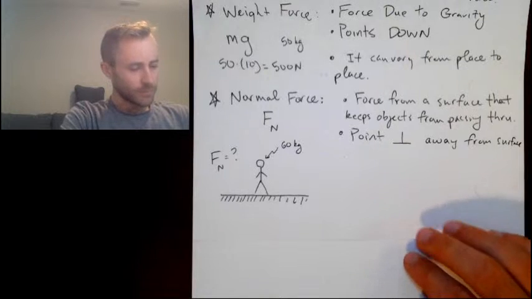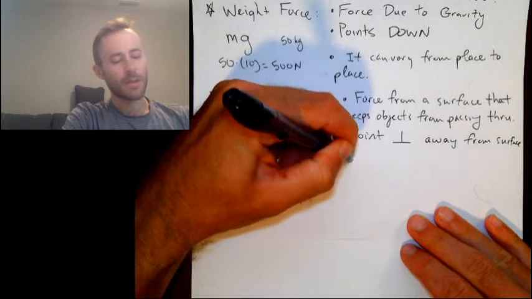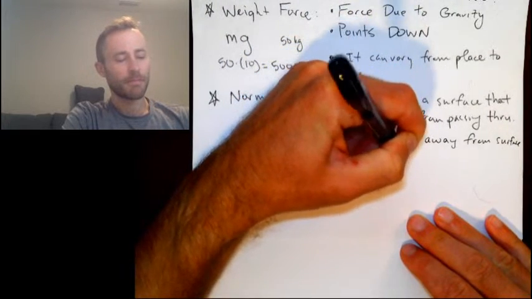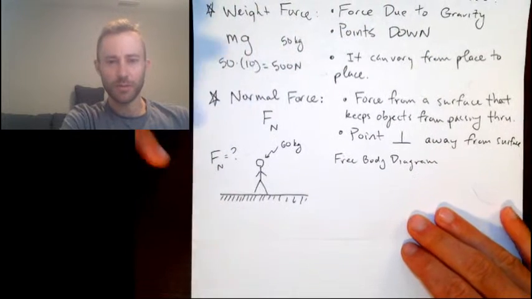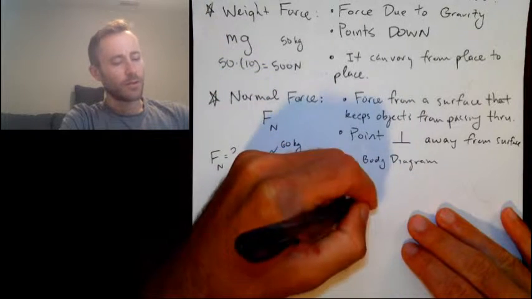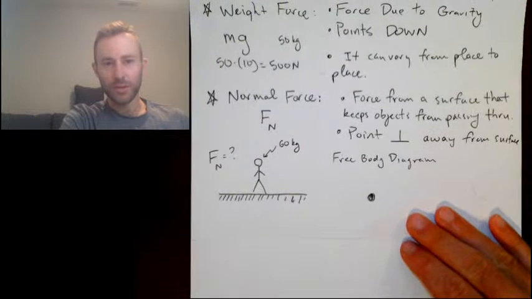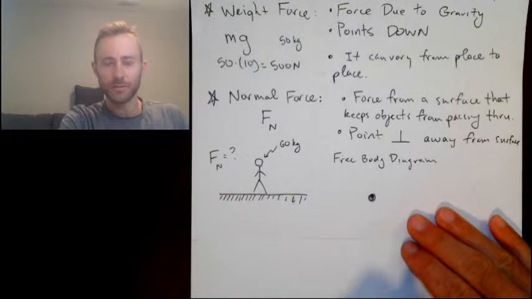Well, we're going to draw what's called a free body diagram. A free body diagram is a picture of the forces that are acting on an object. So I'm going to represent the object experiencing the forces as a dot. This dot is the same thing as that person.